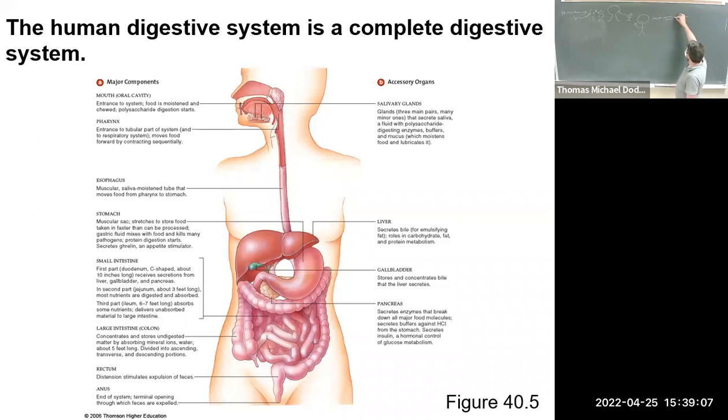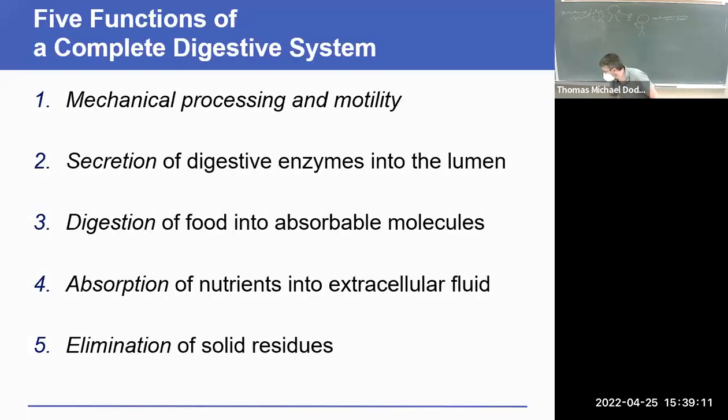So what is mechanical digestion? It's chewing. And what's the purpose of mechanical digestion? We chew it so that we do what? One, so we can swallow it. Okay, there's two things that actually happen. One is so we can swallow and not choke ourselves.